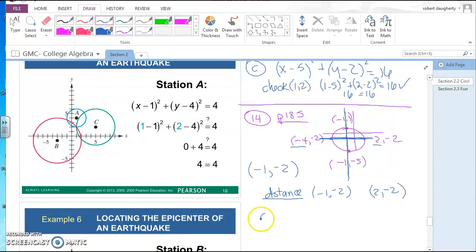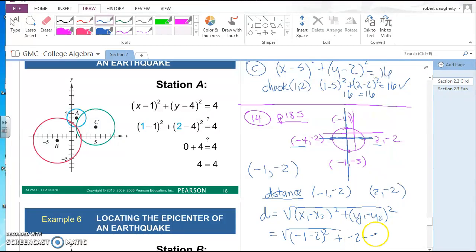So my distance, remember, is the square root of (x1 minus x2) squared plus (y1 minus y2) squared. So that's going to be, in this case, (negative 1 minus 2) squared plus (negative 2 minus negative 2) squared.